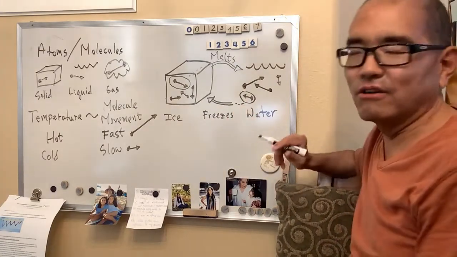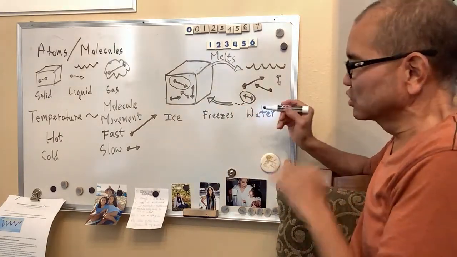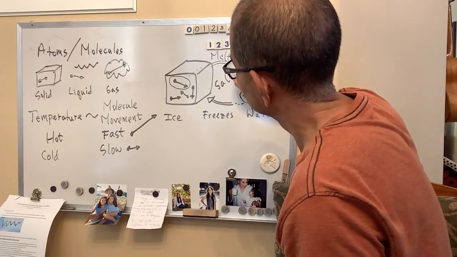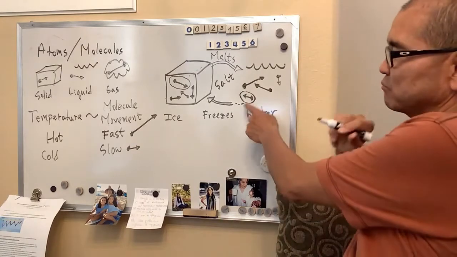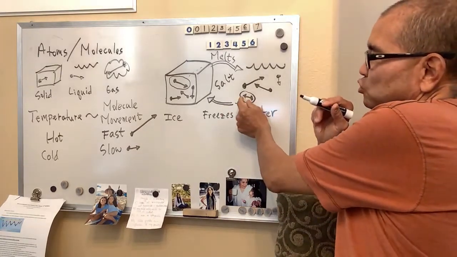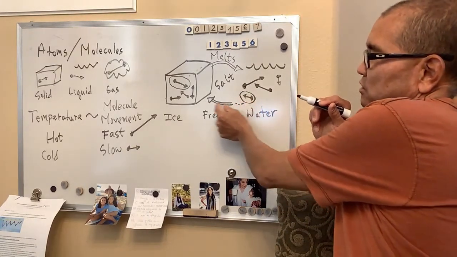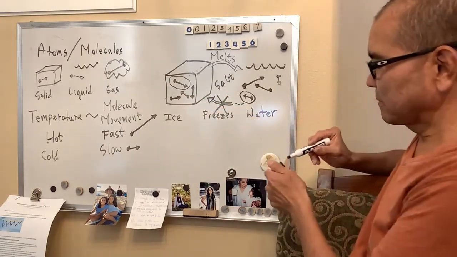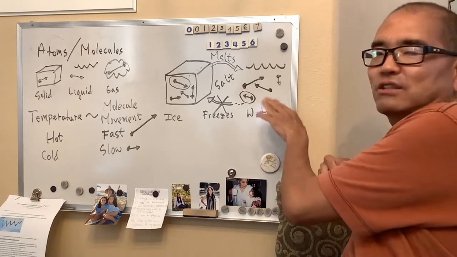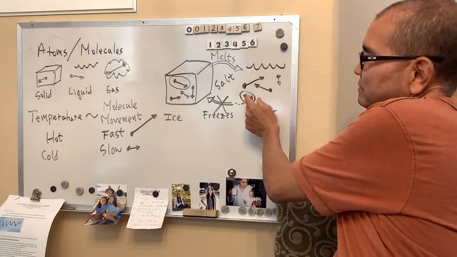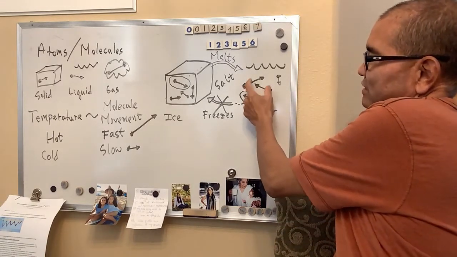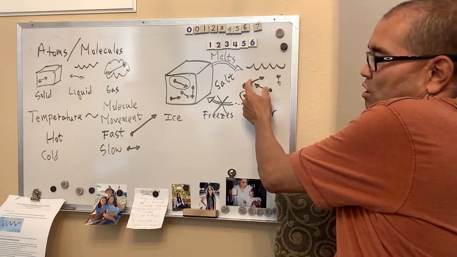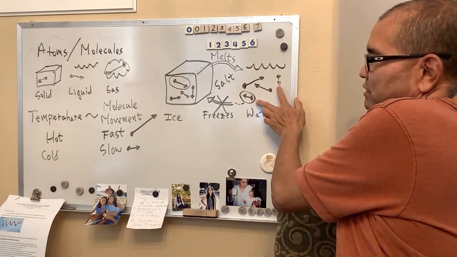Okay, now salt actually prevents the shorter moving molecules from freezing and becoming ice. So it stops that. Okay, so let's think about what's happening. Here we have, let's say, two medium length moving water molecules and two shorter ones.